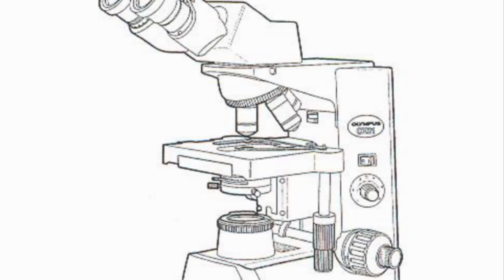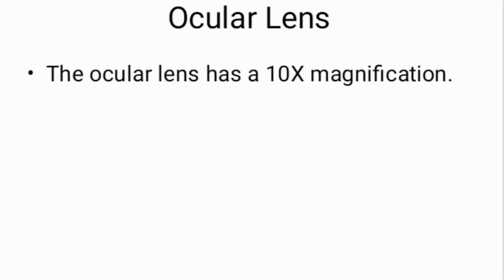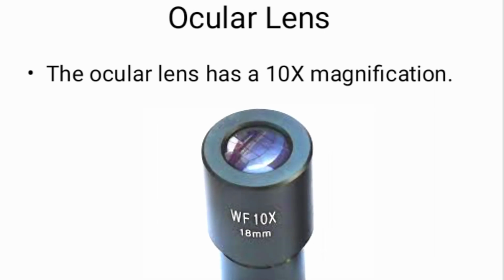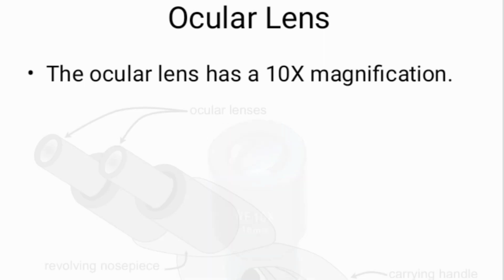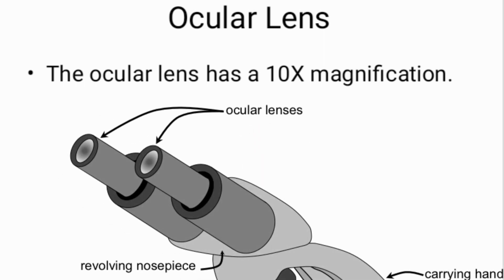All right, so let's talk about the magnification of the lenses. Next slide. Ocular lens. Like I said, the ocular lens has a magnification of 10 times. But in some microscopes, try to check the magnification of the ocular lens anytime you are having your practical or are about to use a microscope.